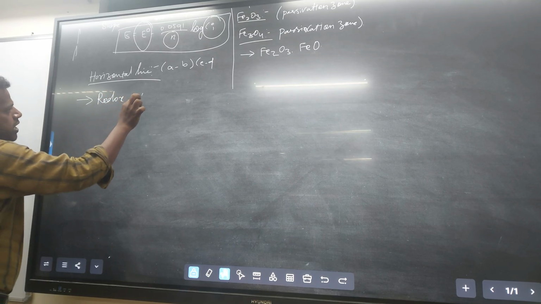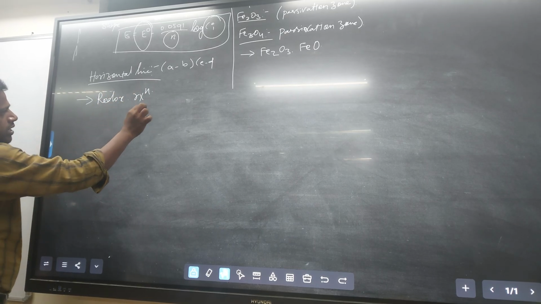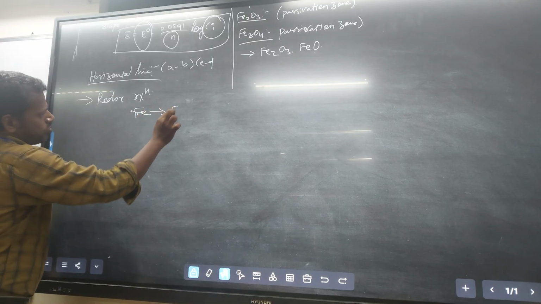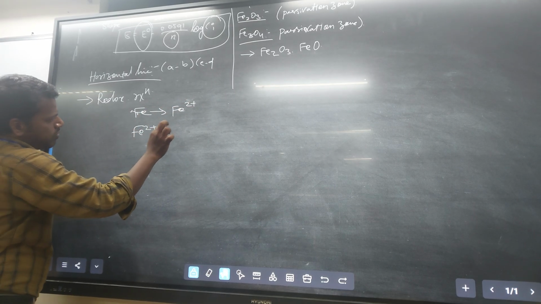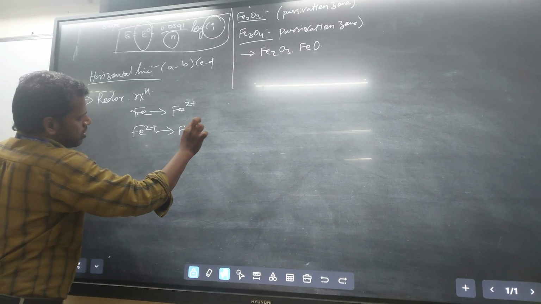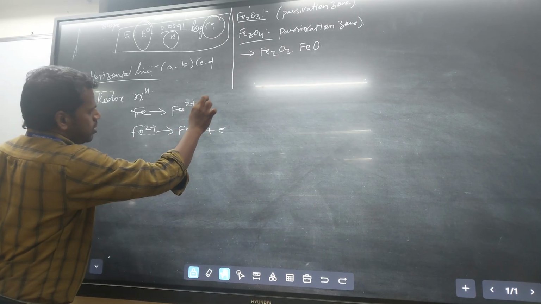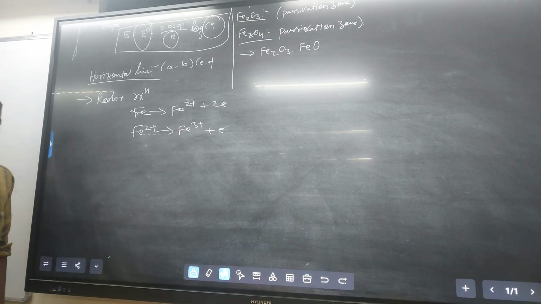Redox reaction. Here Fe becomes Fe2 plus, as well as Fe2 plus converts again to Fe3 plus. The number of electrons transferred, you write it, that is no issue. The horizontal lines AB and ED are independent of pH.